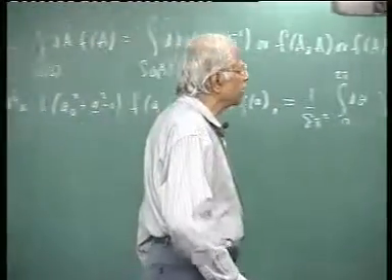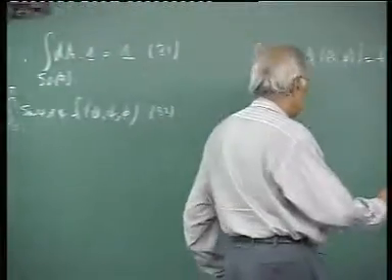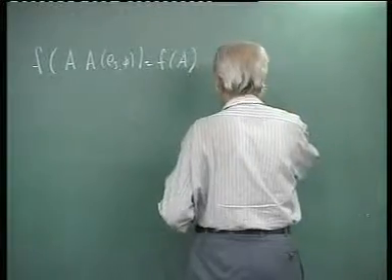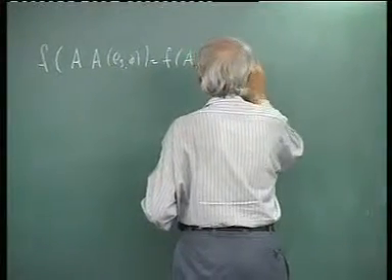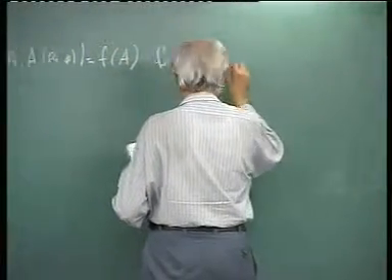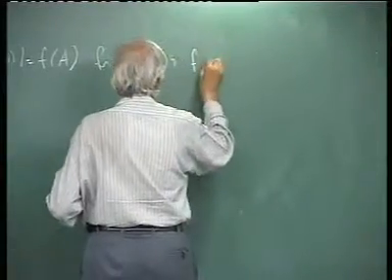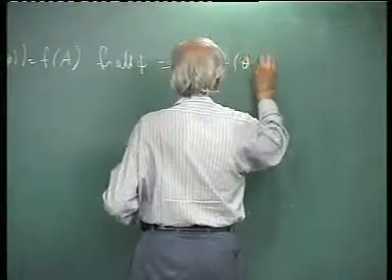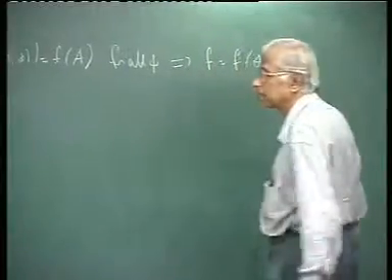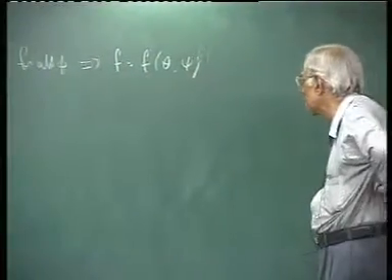It means that in the Euler angle description, f is only a function of, so I say for all phi. This implies f is a function in the Euler angle description only of the first two Euler angles. It is independent of the third one.